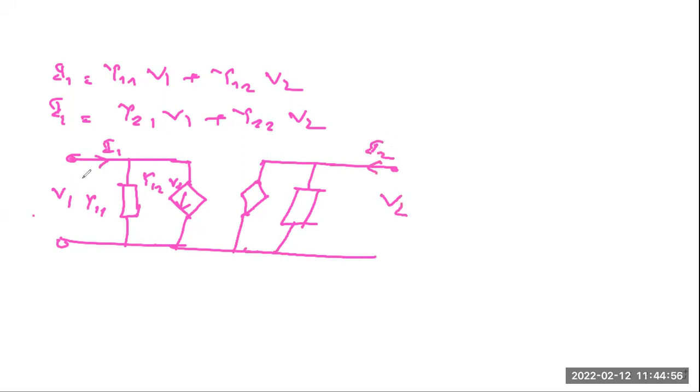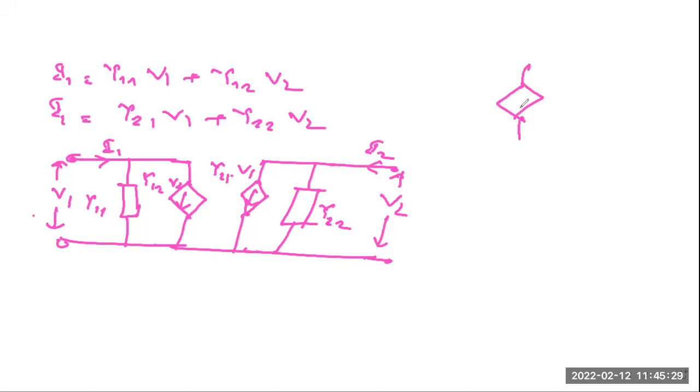Because in a two-port network, V1 is the input voltage, I1 is the input current, V2 is your output voltage, and I2 is your output current. That is the general nomenclature. Now this is your Y22, and this is your other dependent source, Y21 into V1.